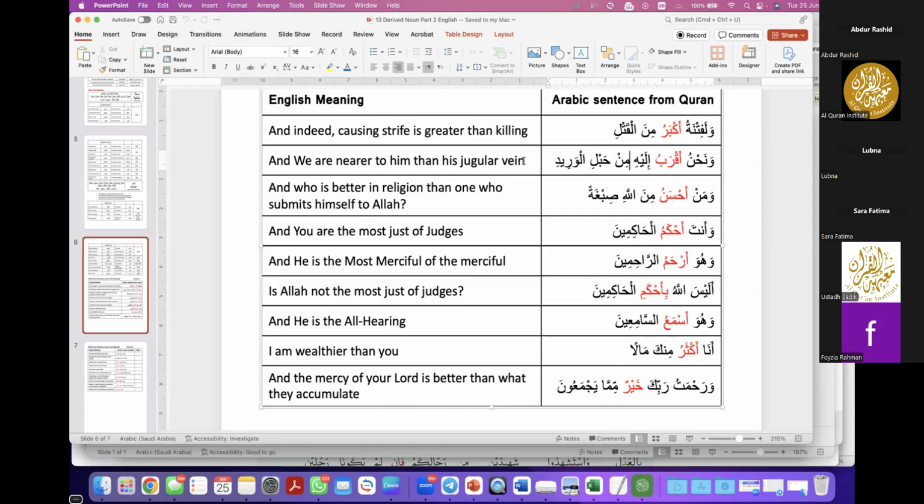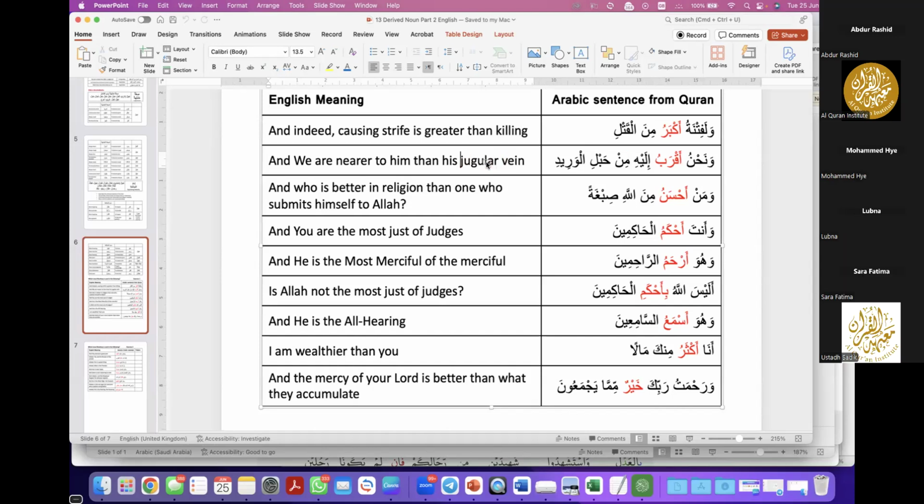Ustad, what does it mean, jugular vein? Allah is saying, we are nearer to him than his jugular vein. What does it mean? We're so close to him. Why the jugular vein? Because it is the lifeline.